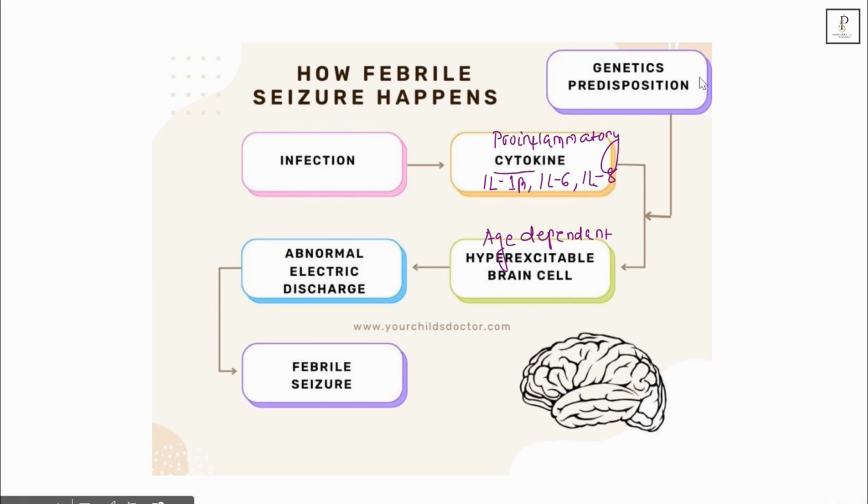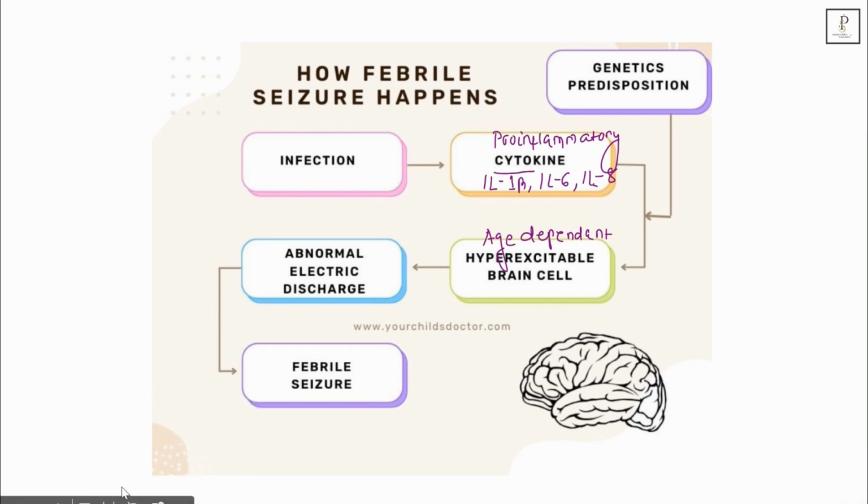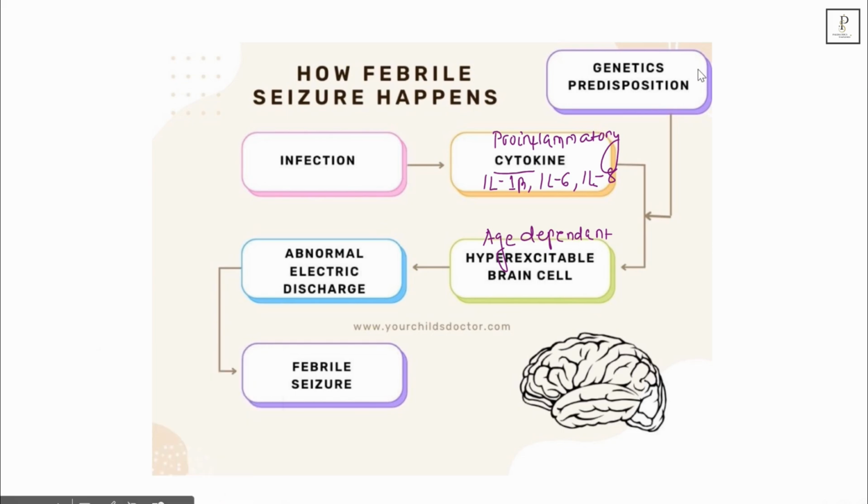So what are the genetic predispositions? Some research has found that some genetic mutations cause channelopathy.